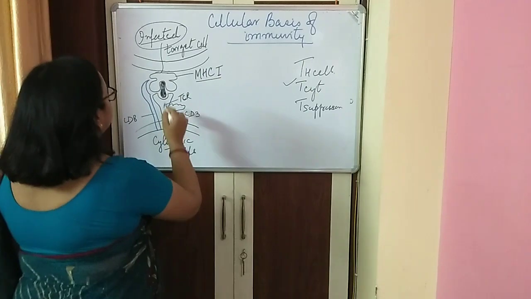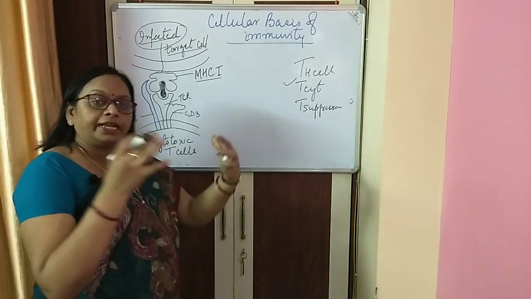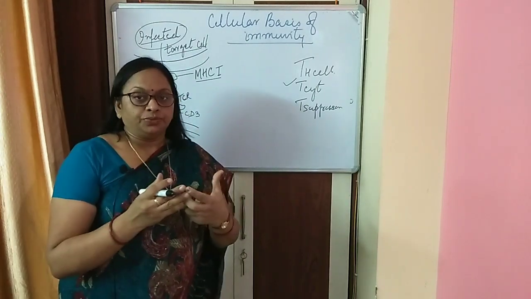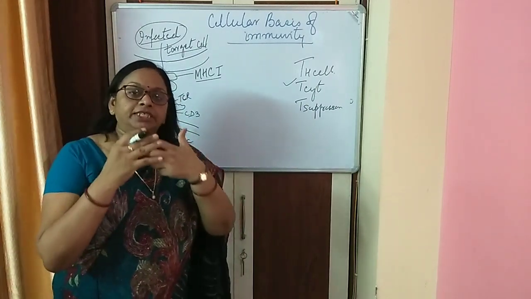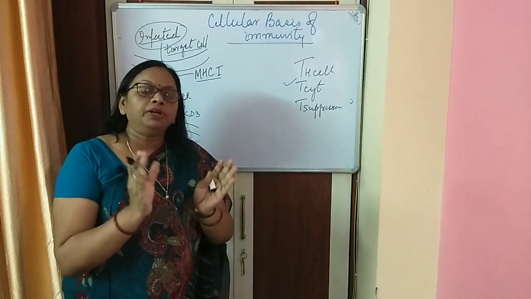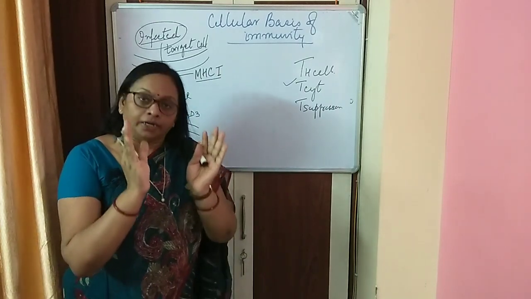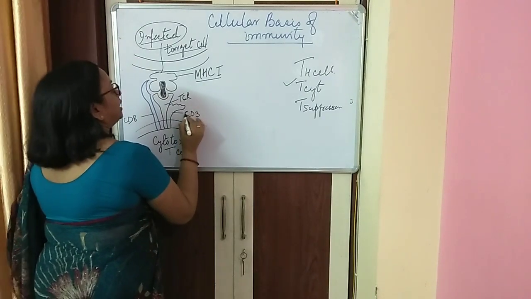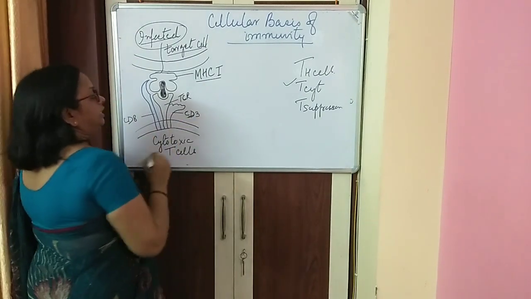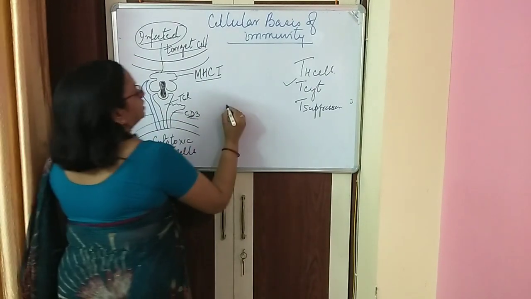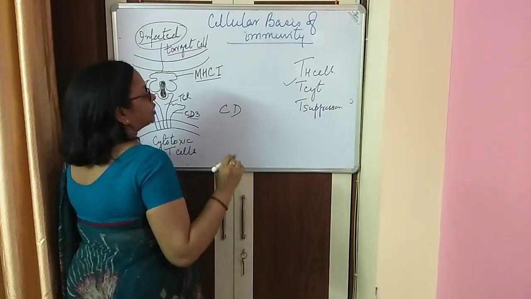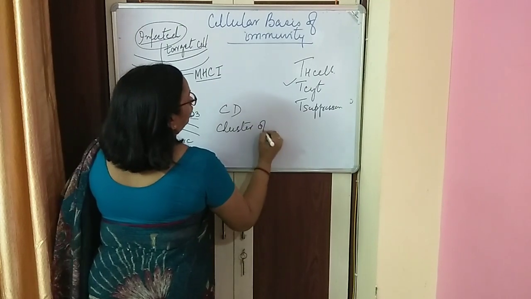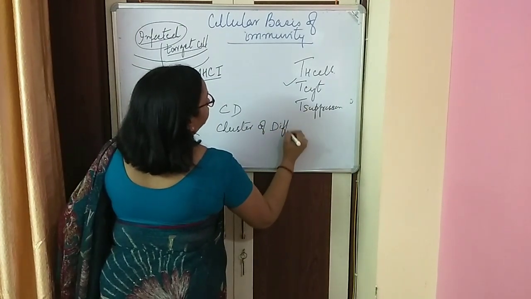Whenever this TCR interacts with MHC1 or MHC2, it should always be coupled with certain other receptors, like this one, CD3. What do C and D stand for? CD stands for cluster of differentiation.